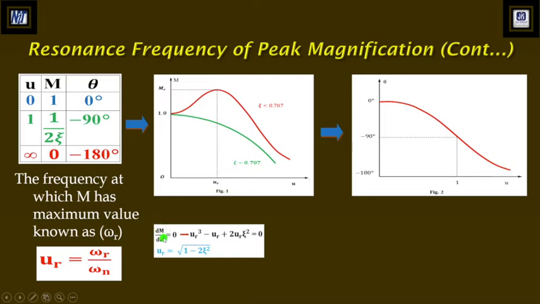For maximum magnitude, dM by du equals 0. From this equation, calculate Ur. For the maximum point, this u is considered Ur. Then we get u equal to this value.